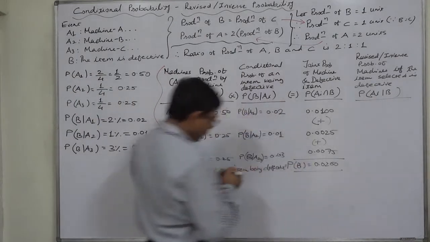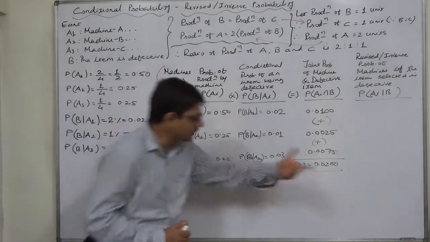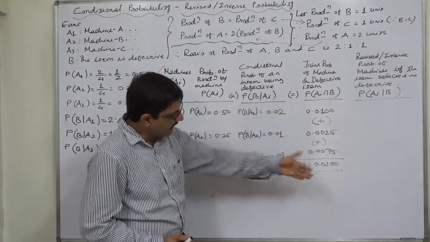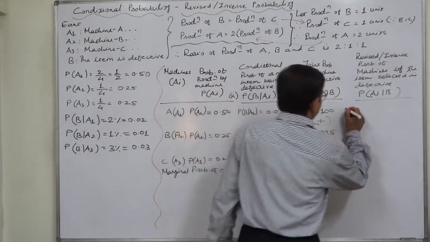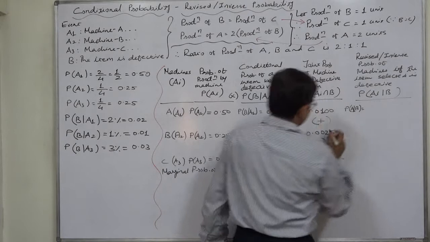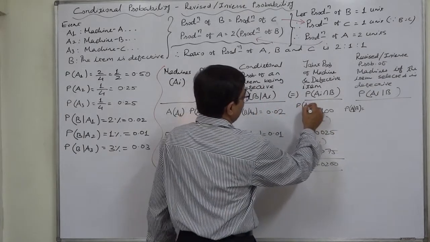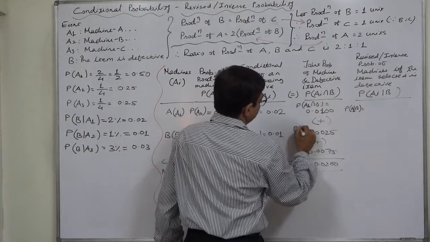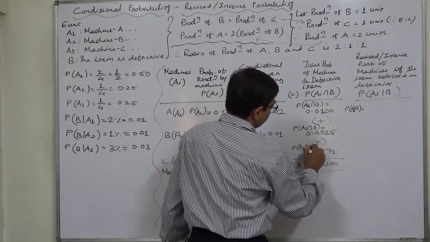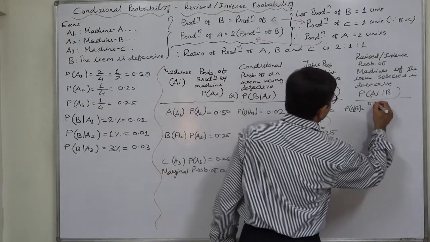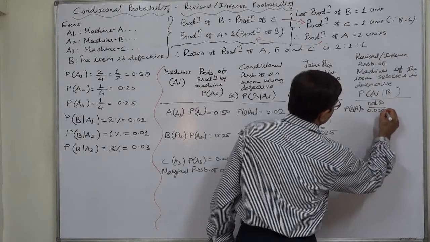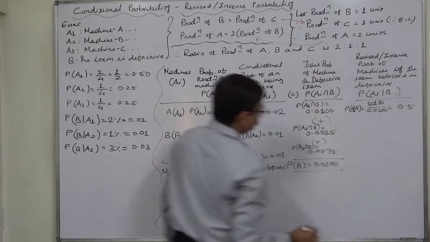Now the revised probability of A, B and C, if we come to know that the item is defective, is nothing but the ratio of joint probability and marginal probability. And by formula we also know that A1 given B is P of A1 intersection B, this is P of A2 intersection B, this is P of A3 intersection B. So it will be 0.0100 divided by 0.0200, that is 0.5.